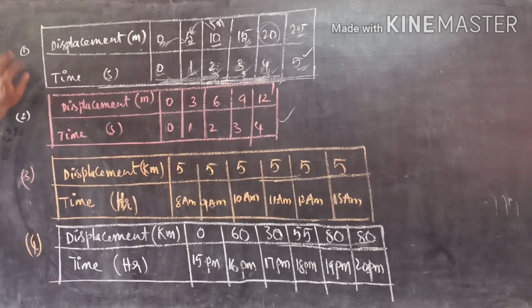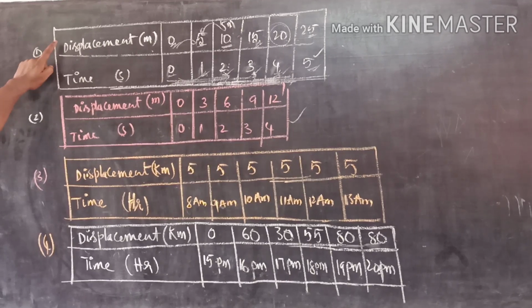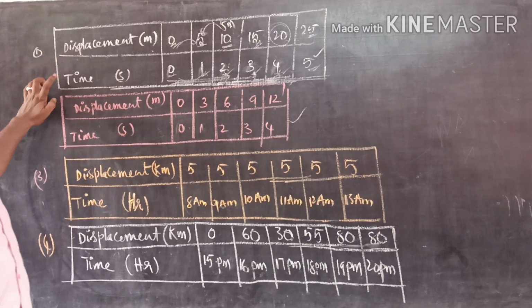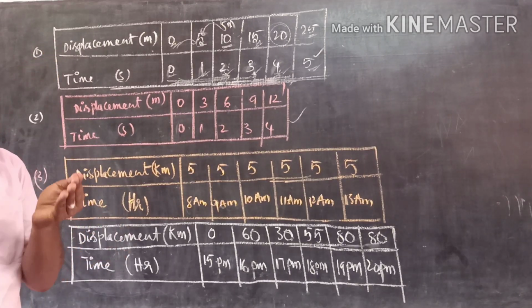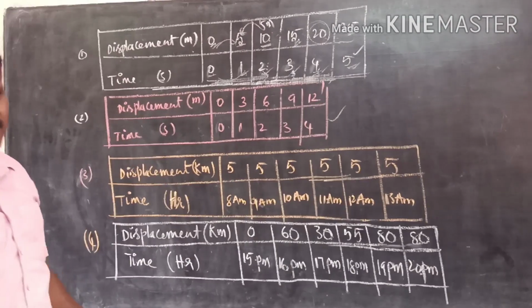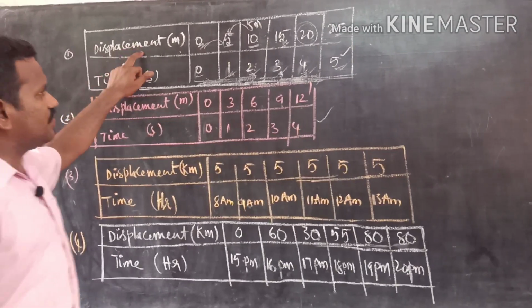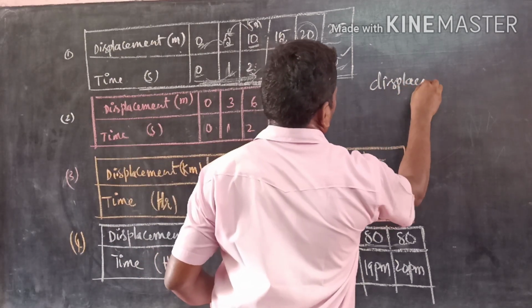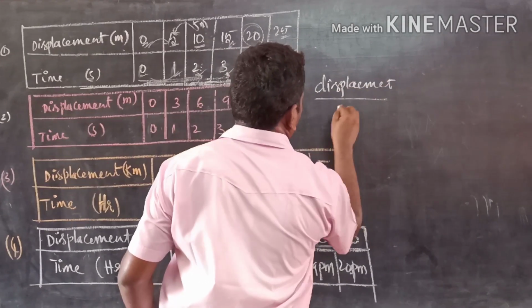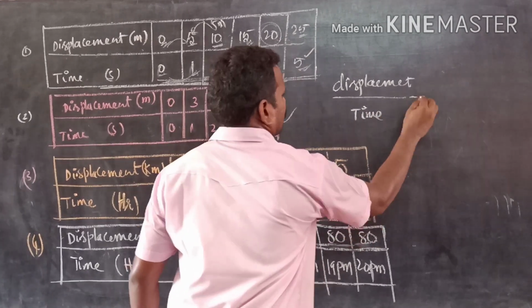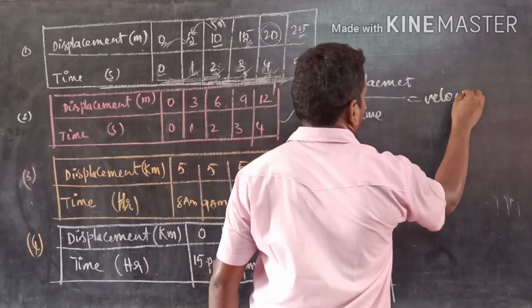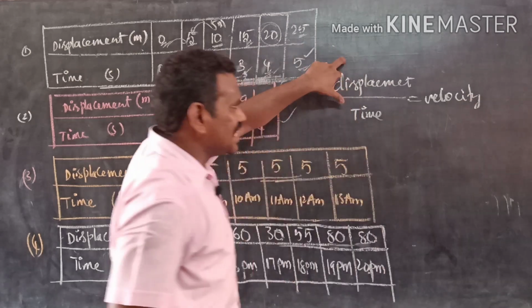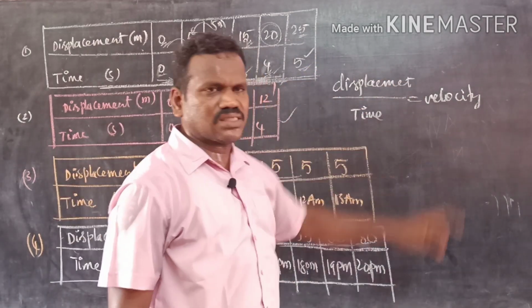Now, each and every time we are comparing the displacement with respect to time. Comparing with respect to time is called rate. So rate of displacement, that is displacement by time, this is what we call velocity.